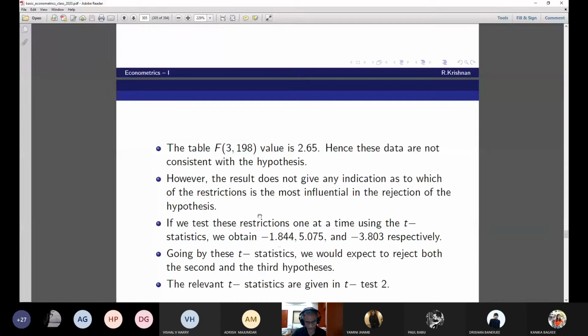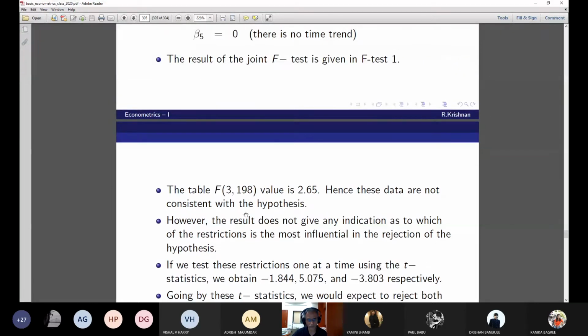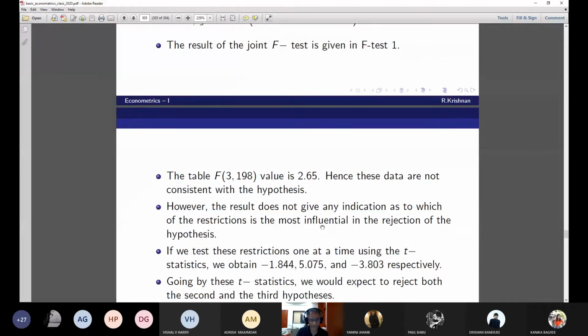A joint hypothesis of all three rejected it convincingly. I have given you the table value also. Can someone find the table value of F3, 198 from the table that I sent you to be 2.65?